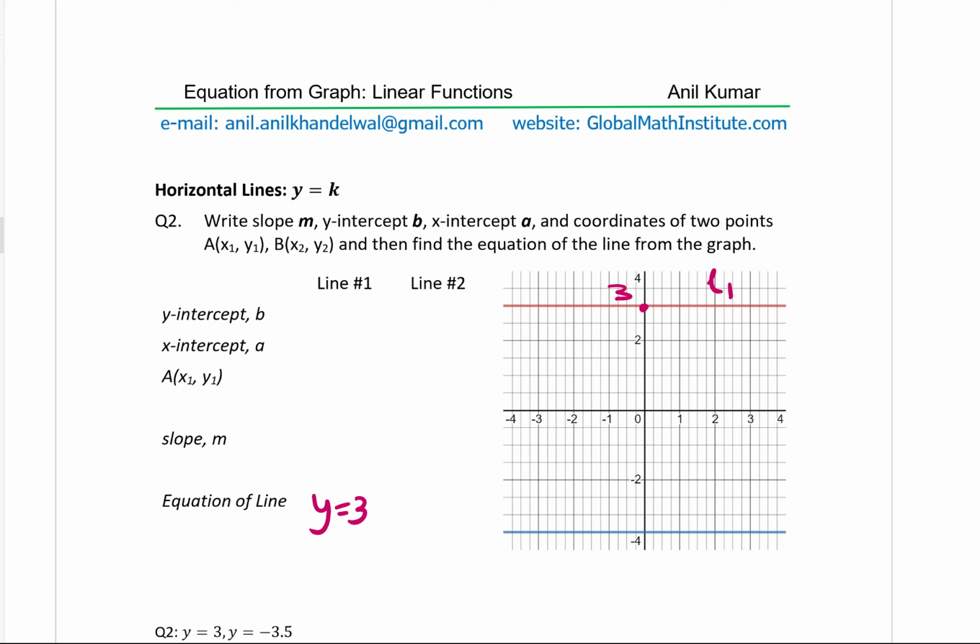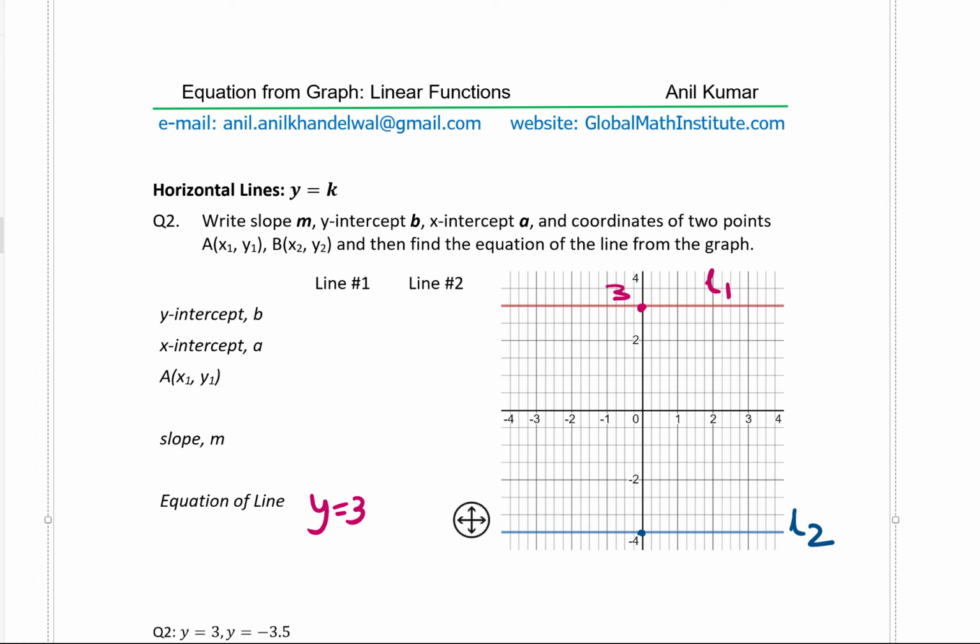For line 2, the y-intercept here is, see, this is minus 2, that is minus 3, it is minus 3.5. So that becomes the equation of the other line.